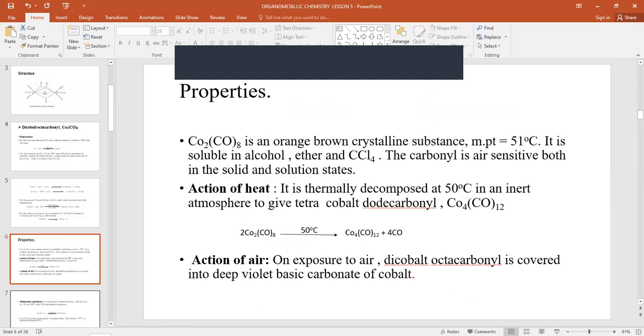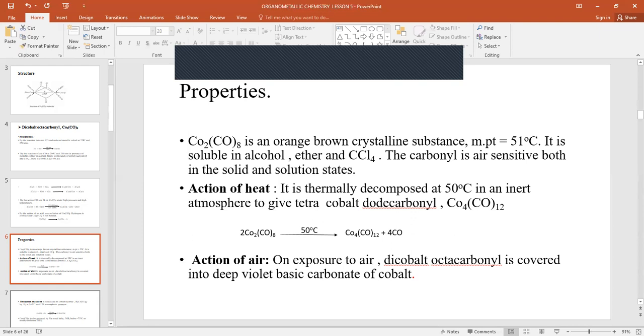Properties. Dicobalt octacarbonyl is an orange-brown crystalline substance with a melting point of 51 degrees Celsius. It is soluble in alcohol, ether, and tetrachloromethane.